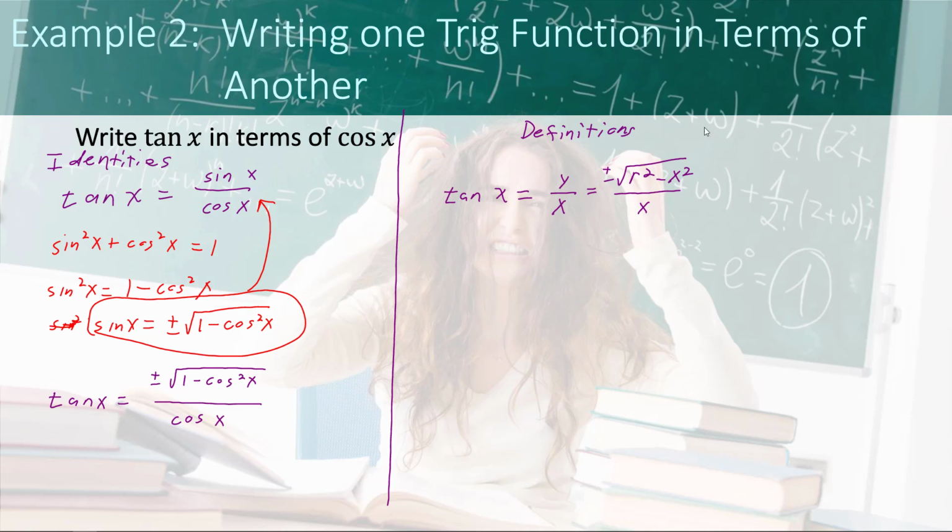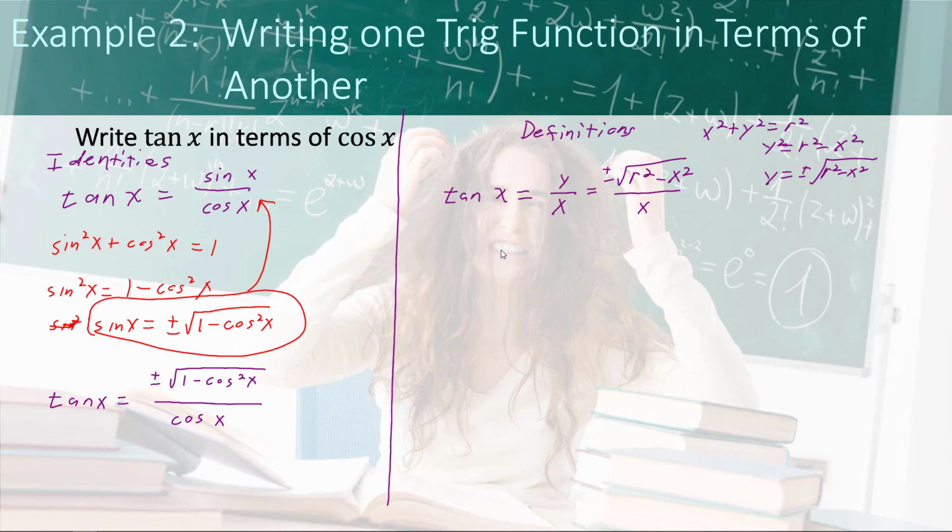Now where do I get that? Well, remember, x squared plus y squared is equal to r squared. So y squared is equal to r squared minus x squared. Therefore, y is equal to plus or minus the square root of r squared minus x squared. So that's where that comes from.